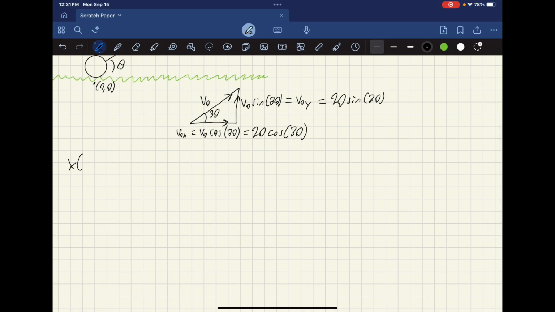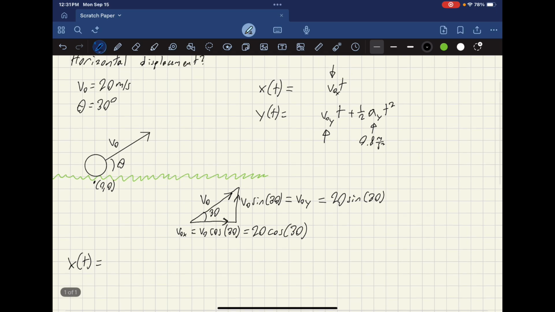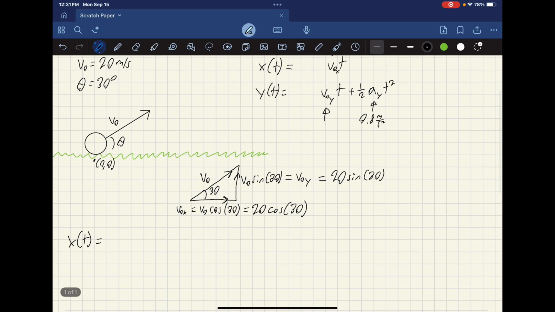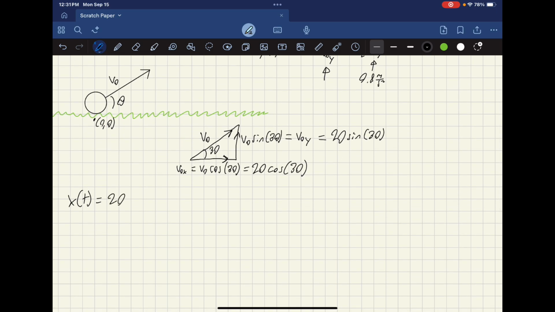So our new equations for x of t, recall that it was v naught sub x times t. So now it is 20 cosine of 30 times time.